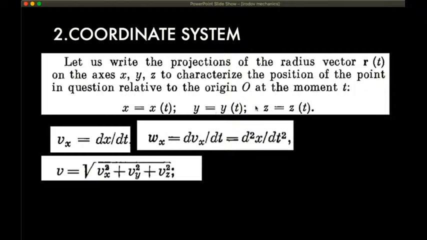Similarly, if I know y of t, which is the particle's position in the y direction, I could define dy by dt, that would be my velocity in the y direction, vy. Similarly, dz by dt would be my velocity of this particle in the z direction, vz.